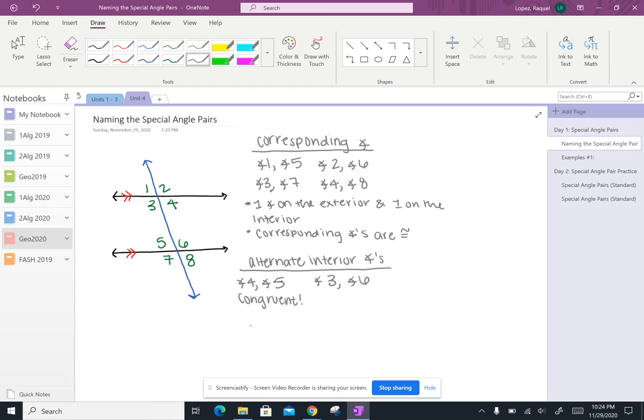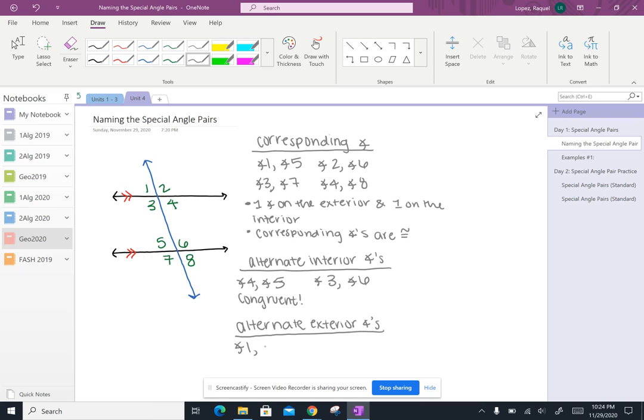Okay, we've got a couple more here. If there are alternate interior angles, there are also things called alternate exterior angles. Alternate exterior angles are also congruent to each other, and it's going to follow a similar idea to alternate interior angles. We want an angle on either side of the transversal and on the exterior region.